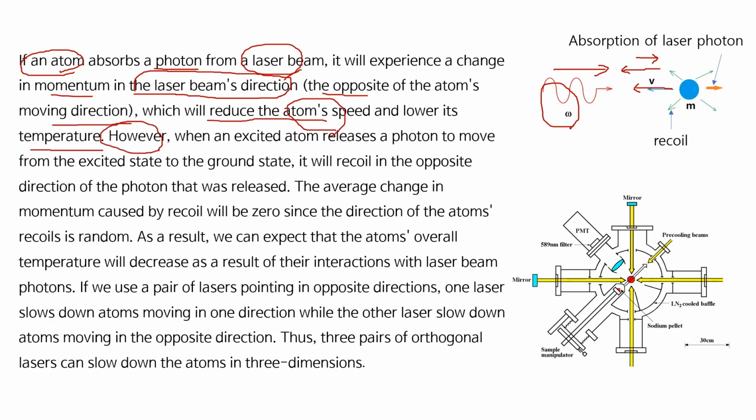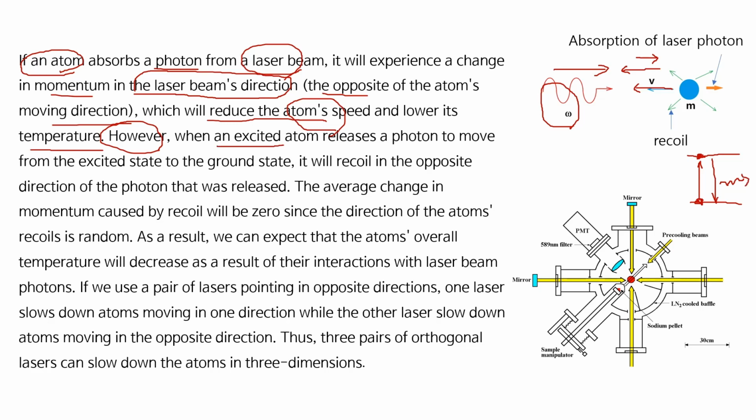However, when the atom absorbs the photon, the atom will move to the excited state, and the atom in this excited state will move to the ground state, emitting a photon.